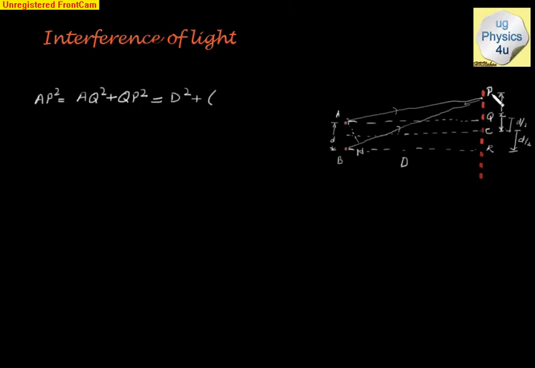So I will get PQ, therefore I can write here equal to x minus d by 2 whole square.